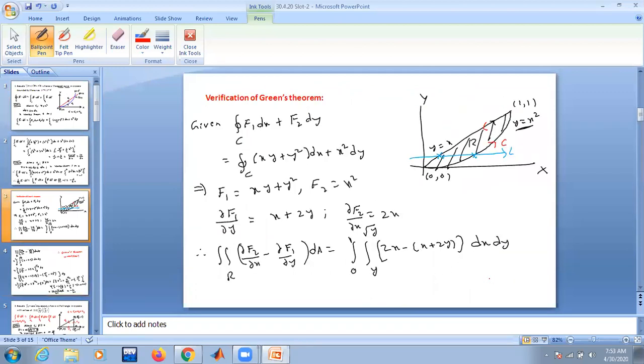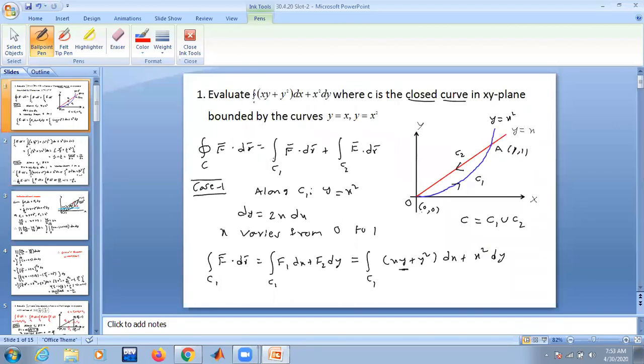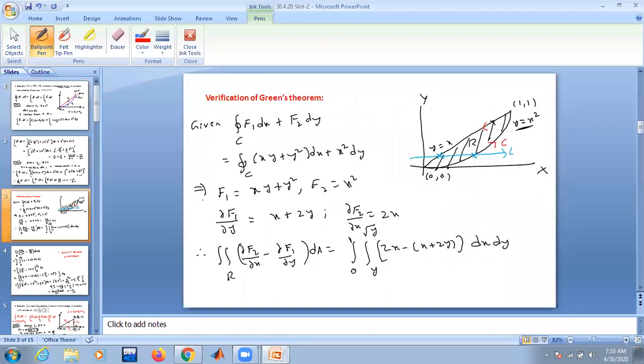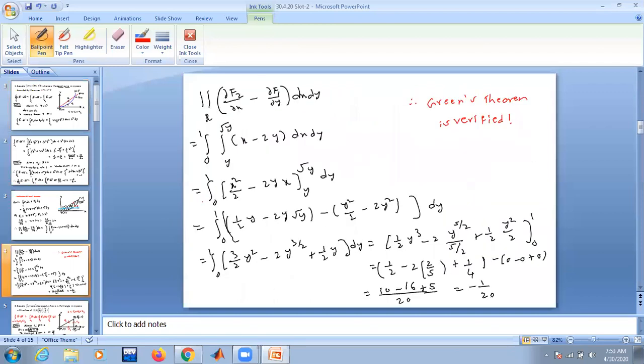Whereas if you're asked to verify Green's theorem, that means you have to find the LHS, find the RHS, and show that LHS is equal to RHS.